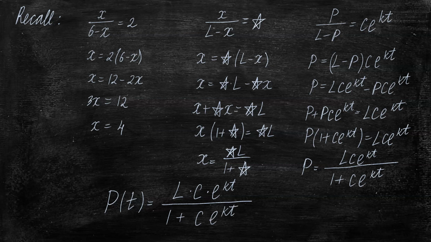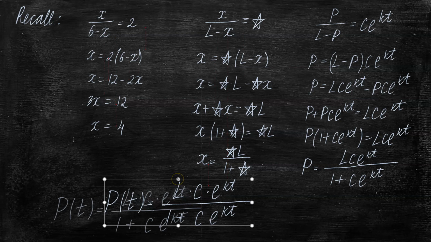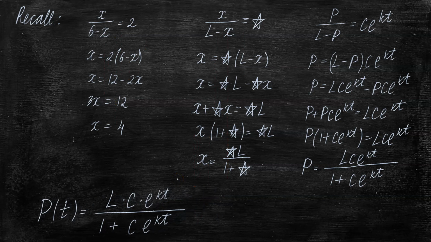And now remember, we have it as an initial value problem, so we want to rewrite it as simple as possible before we start solving for C. So let's divide everything by C e to the kt, like so, the numerator and the denominator. So we're going to have L over 1 over C e to the power negative kt plus 1.